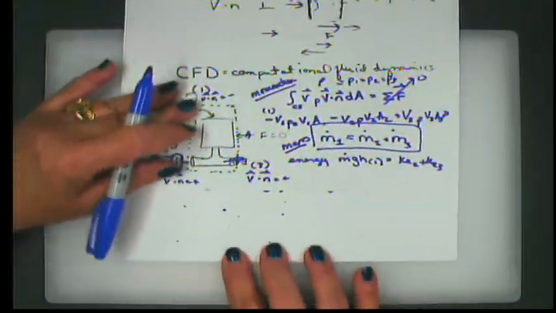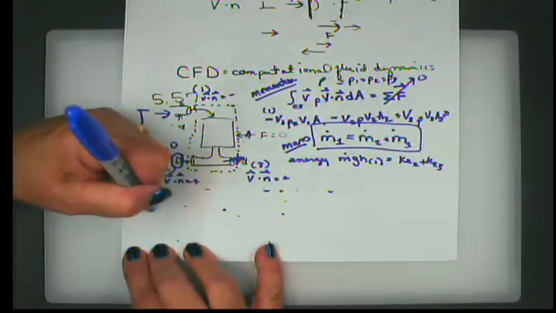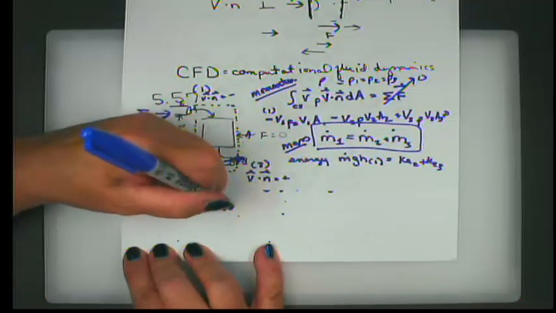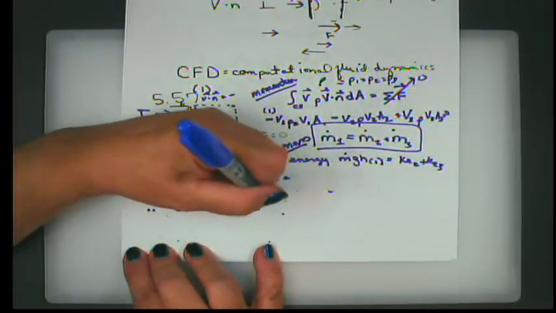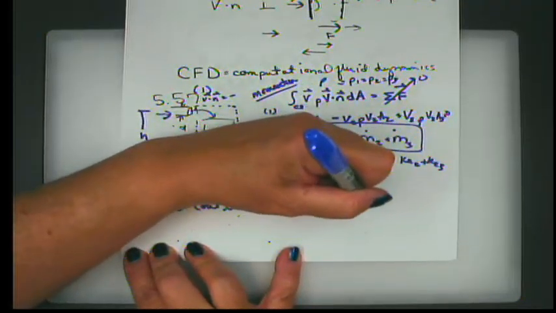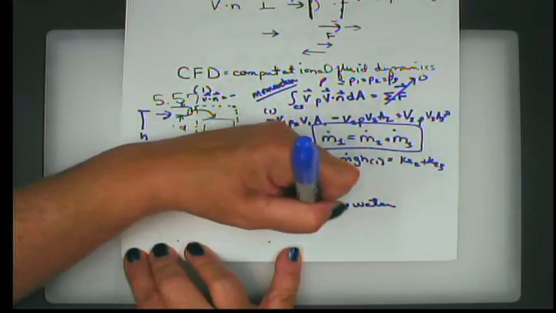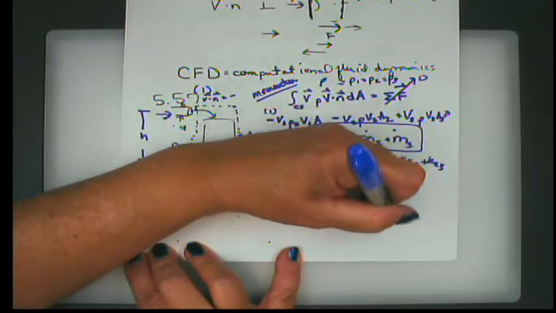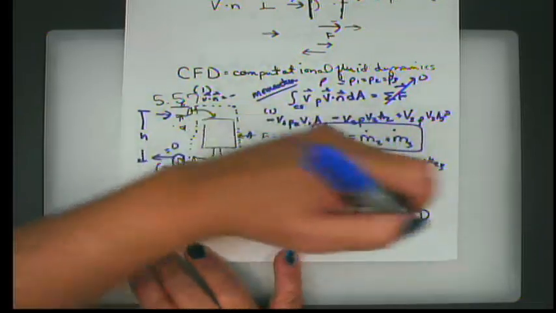So the conclusion we can draw then is capital D, in other words, the outlet at 2, is equal to 0. No water comes out at D, or at 2.